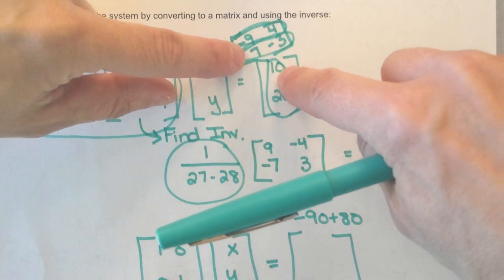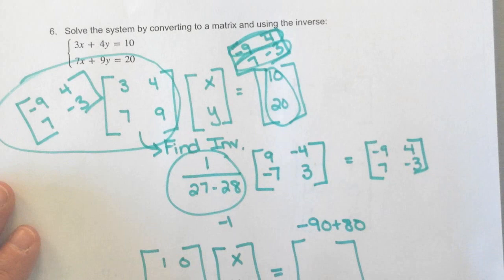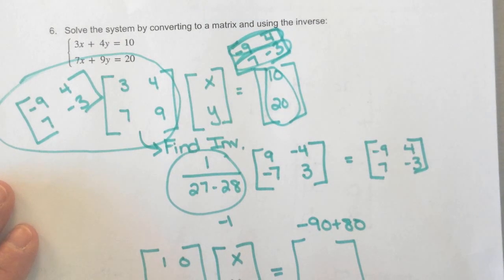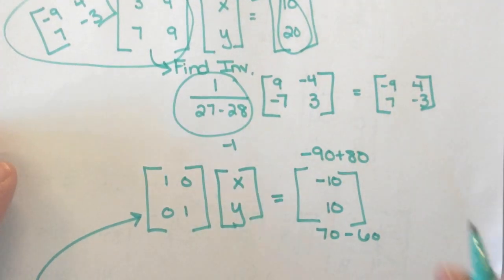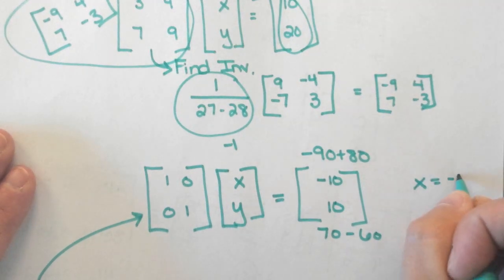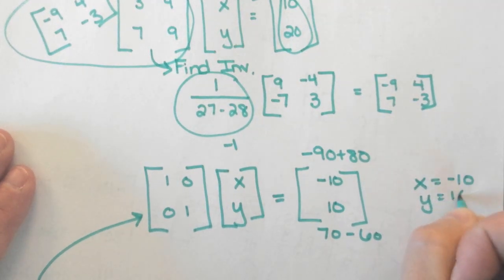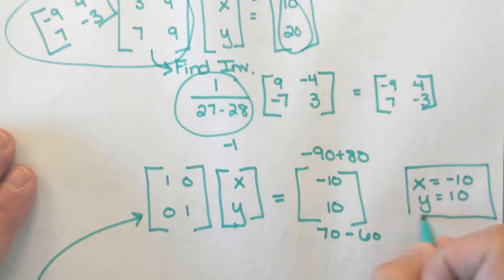And then 70 minus 60. So up here I get negative 10, and then I get a positive 10 for the other. So x is equal to negative 10, y is equal to positive 10. Final answer.